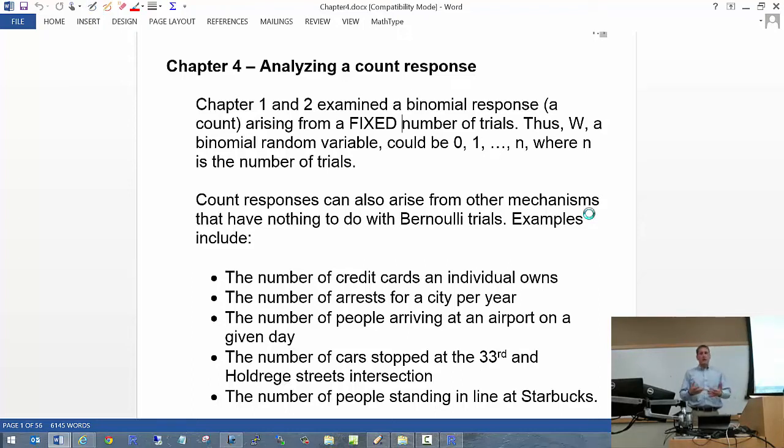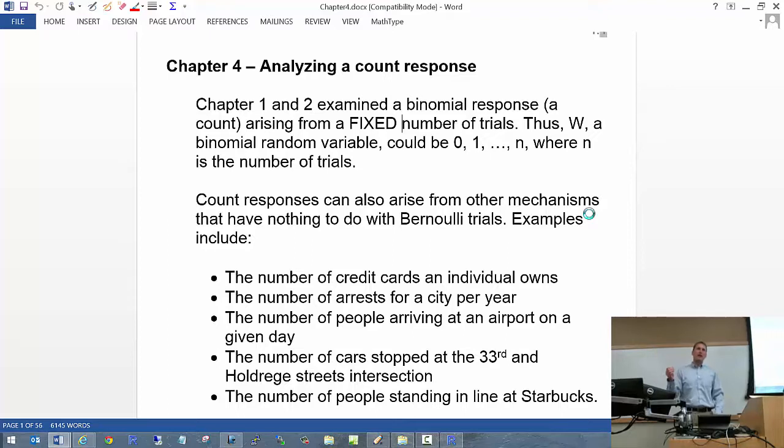So we've looked at 2 categorical response settings, binary and multi-category. Now we're going to look at the third type of categorical response, and that is simply a count response.